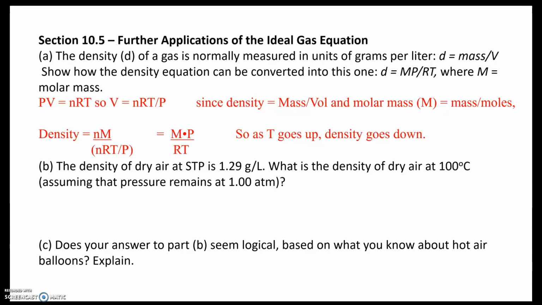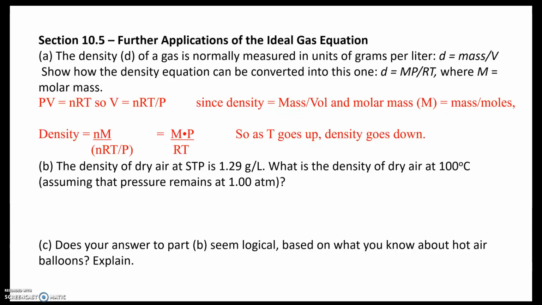So density then becomes n times M over nRT divided by P. If we look at this, we can cancel the values of n and move P up to the numerator, and we get M times P divided by RT. So what does this tell us? This says as temperature goes up, the density goes down. And we know that's true because we see this when we do heating of our homes in the wintertime.